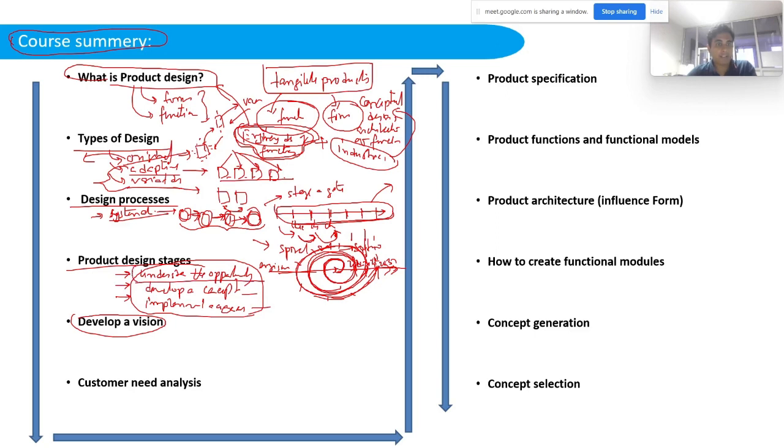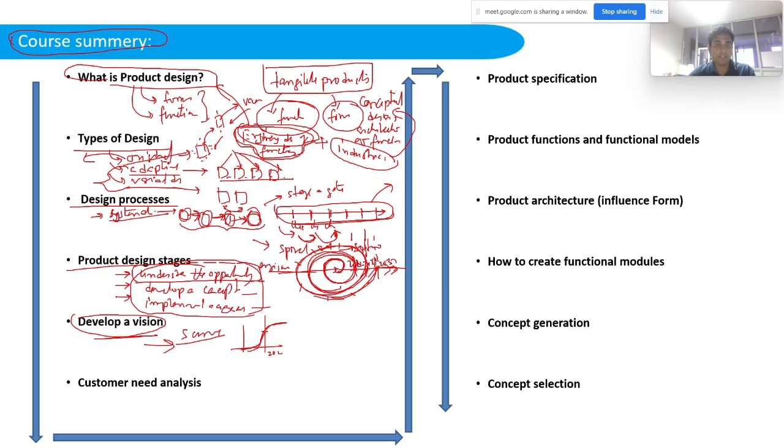Before you do customer need analysis, you actually need to have a vision. So a vision for what you actually want to do, what project or what particular problem area you want to work on. For that we discussed the S curve to understand how a particular technology moves, and at which point in time you exist.